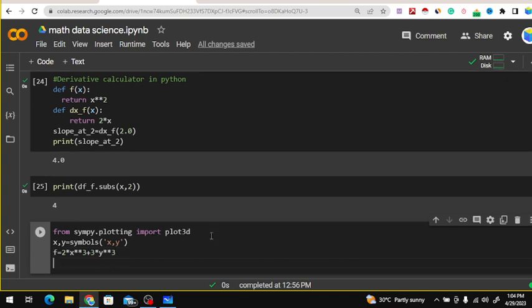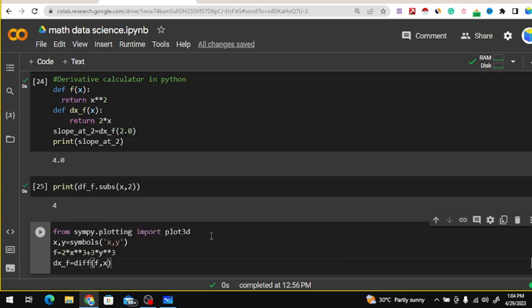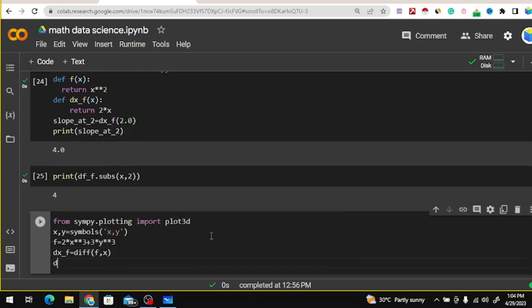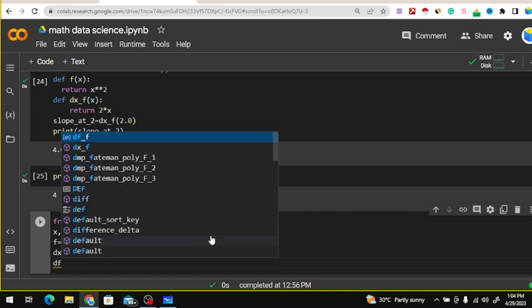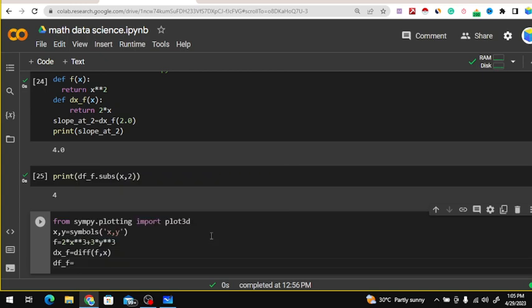And you can calculate here dx underscore f should be equal to diff of f comma x. Then df underscore y should be equal to diff of f comma y.